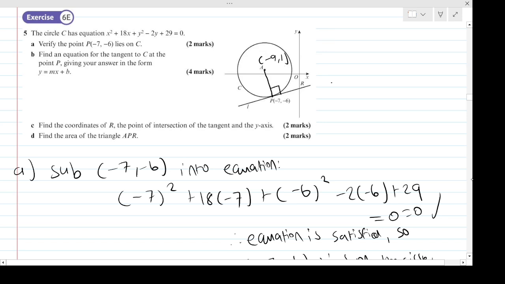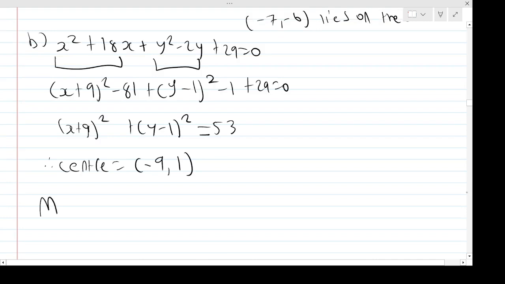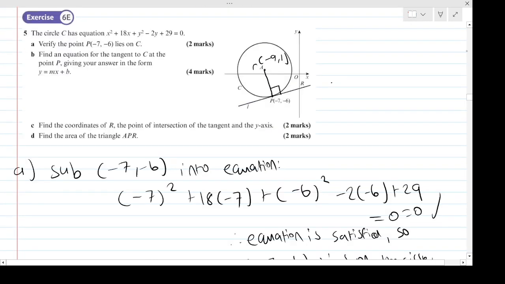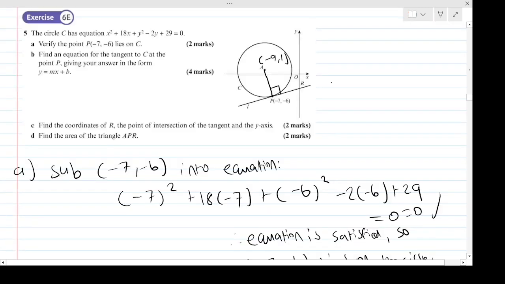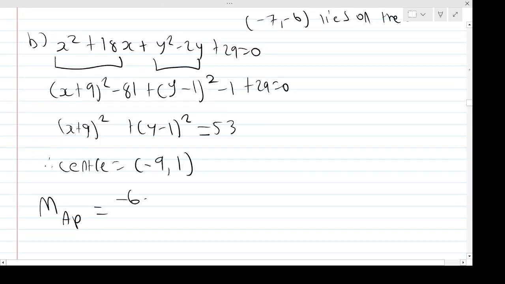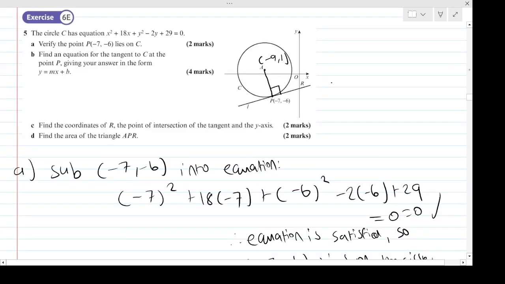So the gradient between the point A and P, where A is the centre and P is the point on the line connecting to the radius, is the change in y over the change in x between the two points. So P is minus 6 for y first, so minus 6, take away the other y value at A, take away 1.